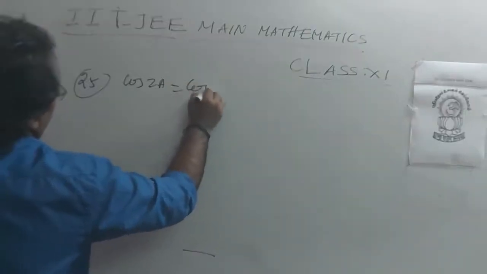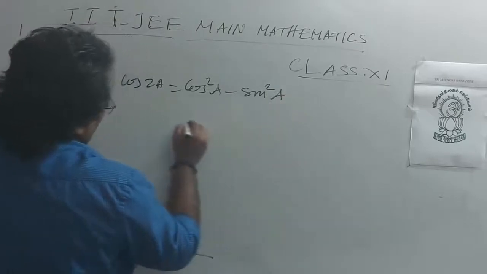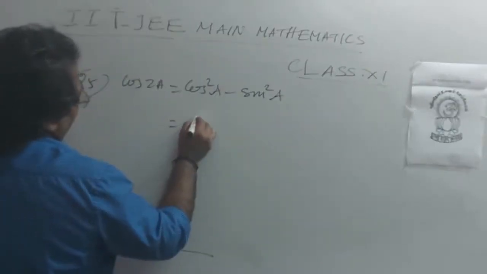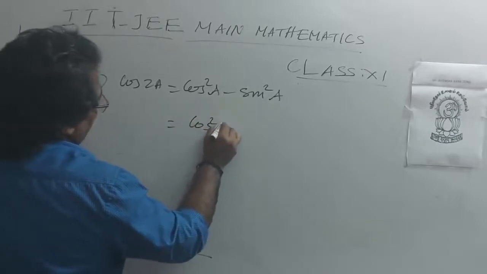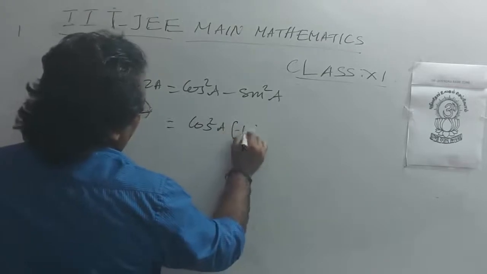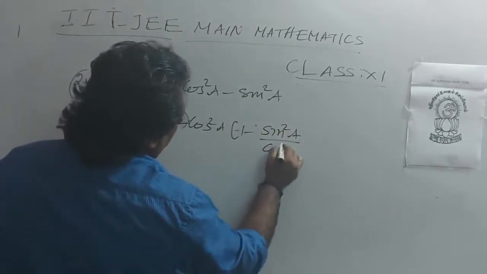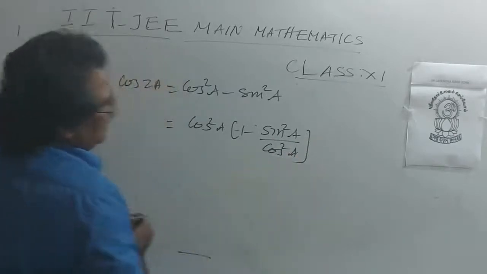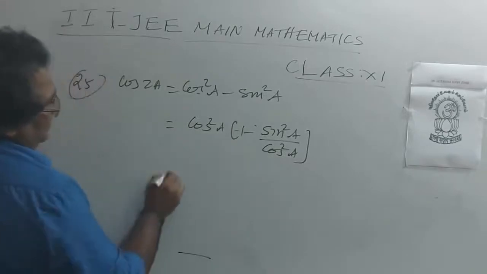Cos 2a equal to cos squared a minus sin squared a. Cos squared a minus sin squared a, if you take cos squared a common, 1 minus sin squared a by cos squared a. So cos squared a into 1, cos squared a, if you multiply, you get sin squared a.